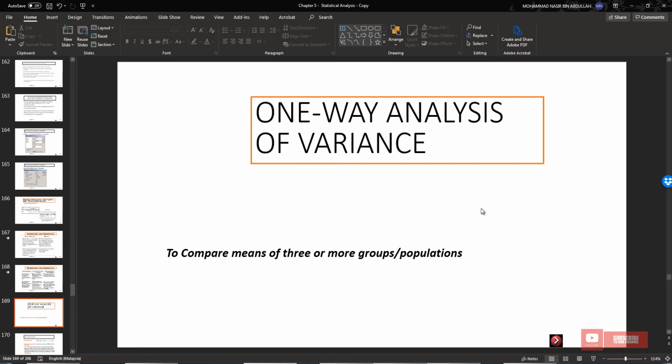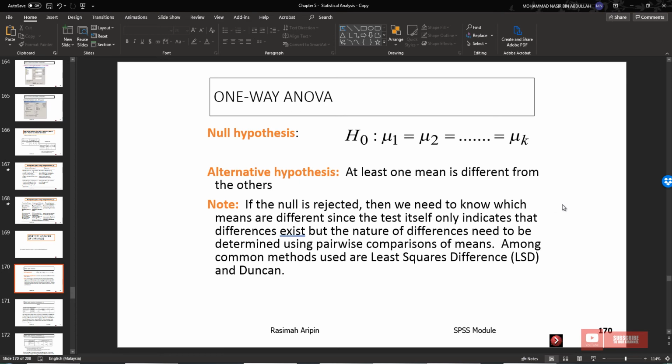But for one-way ANOVA, we have more than two groups, right? So we want to measure the difference of mean between more than two groups, meaning three or more groups. So we want to compare the mean of three or more groups in the population. So we're going to use one-way ANOVA.